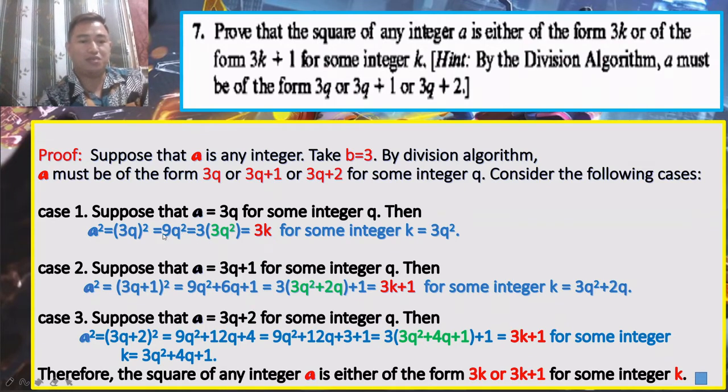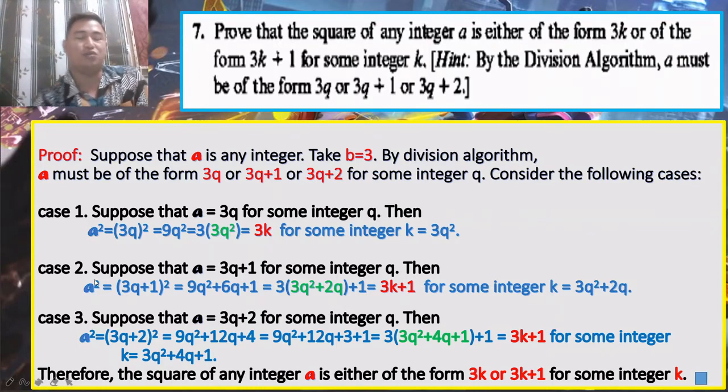Factor out 3: 3 times 3q squared. So the form is 3k for some integer k equal to 3q squared. So in case 1 the form is 3k.